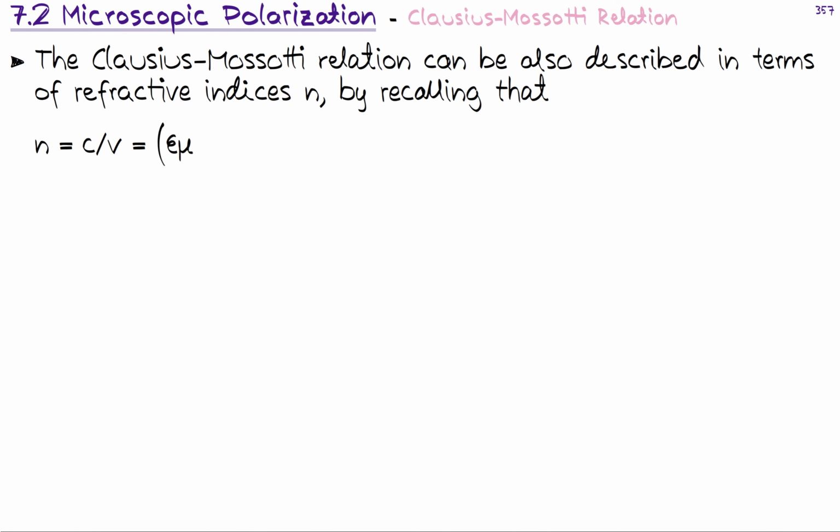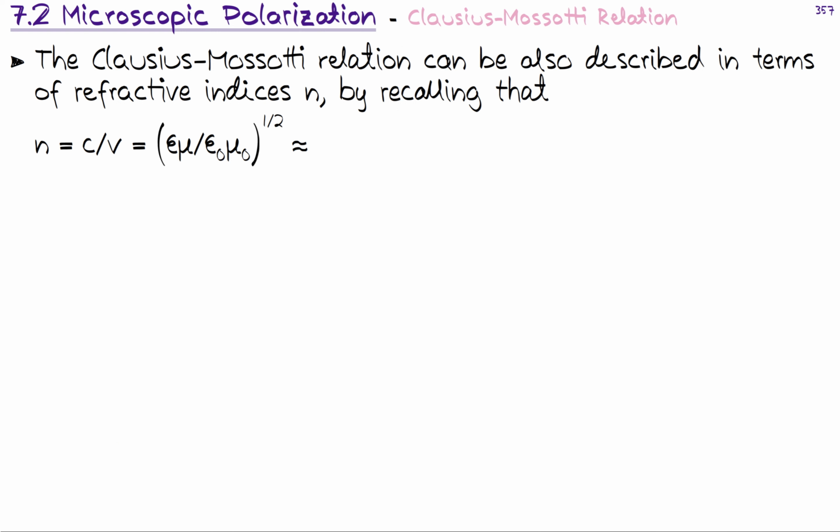Plugging things in, we have epsilon, the permittivity of the material, times mu, the permeability of the material, divided by epsilon naught times mu naught, the vacuum permittivity and vacuum permeability, and these inside the square root.